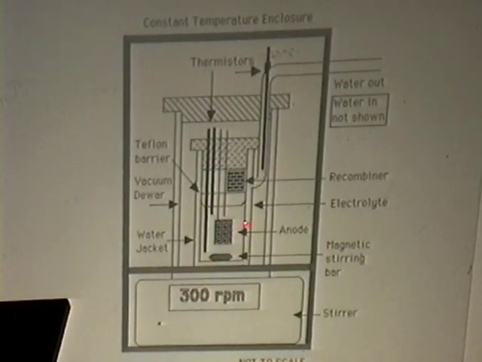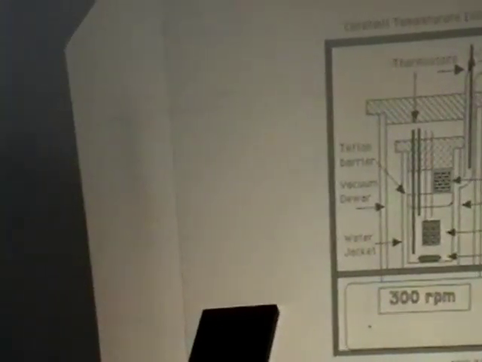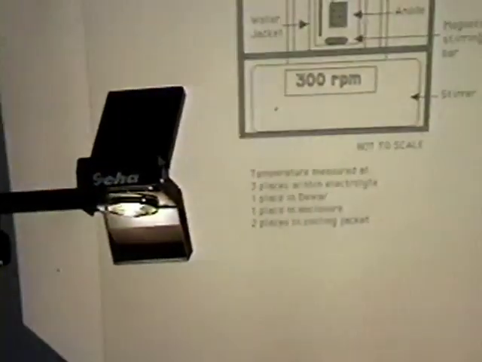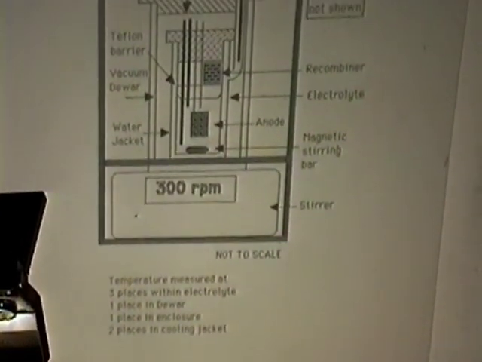The inside is also a recombiner, a heater for calibration, and a Luggin capillary that communicates to a reference electrode on the outside for measuring open circuit voltages and overvoltages. The cell is stirred by a digitally controlled stirring motor. And then this whole device is contained in an environment which is held to a constant temperature of a few hundredths of a degree.